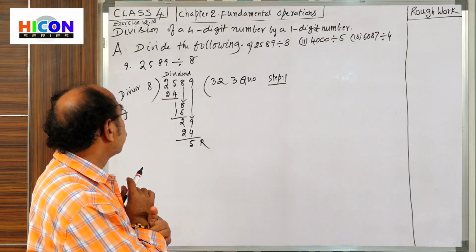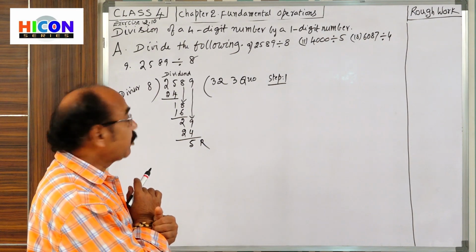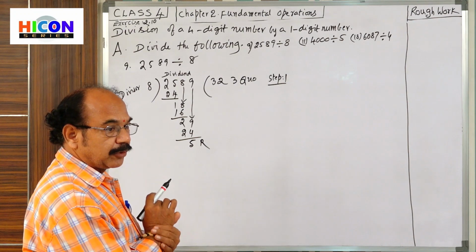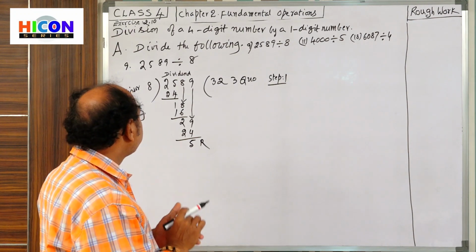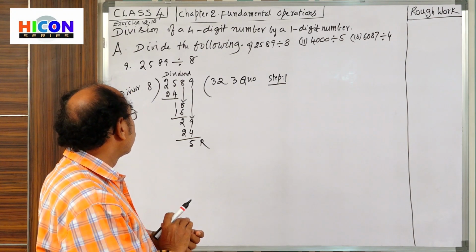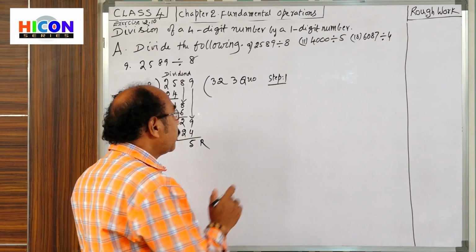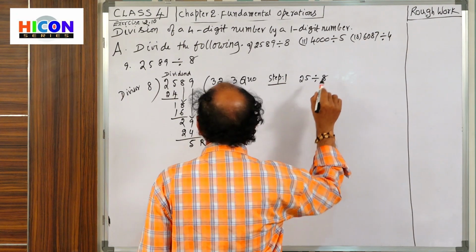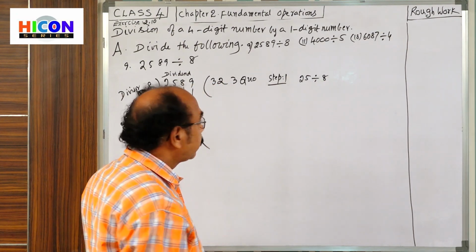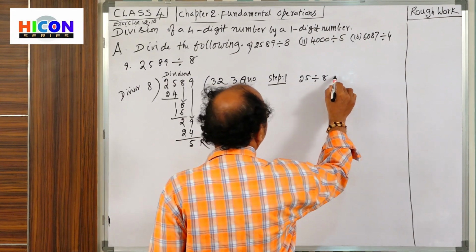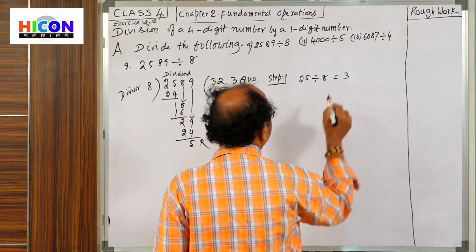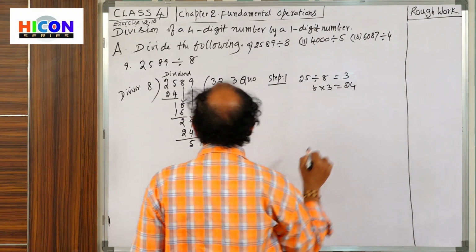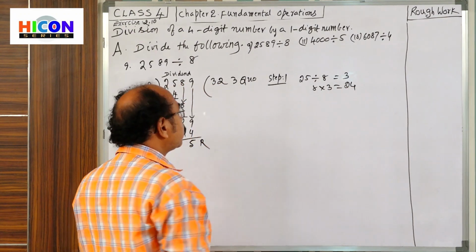That's why you take 25. 25 is a greater number. So 25 is divided by 8. How many times? 3 times. 8 threes are how much? 24. That's why 3 times we write.